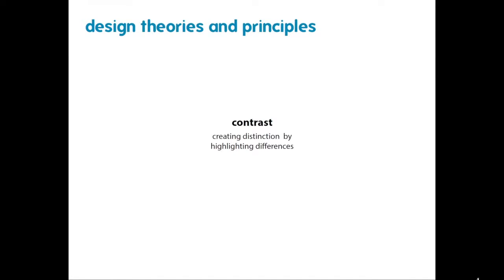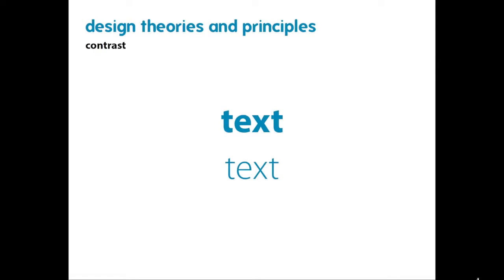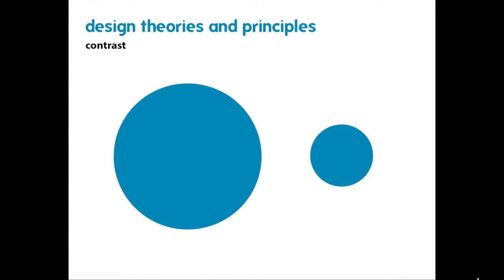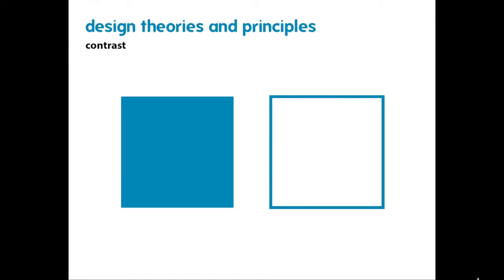Contrast is the next concept, and that's the concept of creating distinction by highlighting differences. These differences can be in many different forms. You can have different weights of text, between a bold and a light. You can have different shaped objects, a big object versus a little object, or even a color. You can have something that's full or something that's empty.